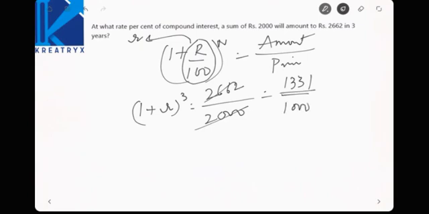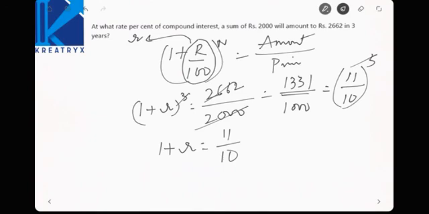Now upon simplification this becomes 1331 by 1000. Now 1331 is nothing but 11 cube, 1000 is nothing but 10 cube. Okay, now cube gets cancelled. 1 plus r is equal to 11 by 10. Now what is r here? r is equal to 1 by 10.